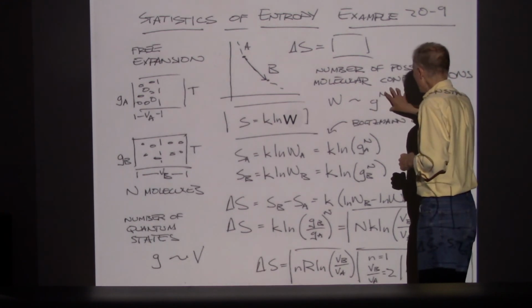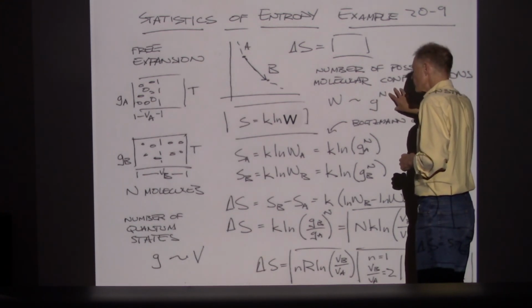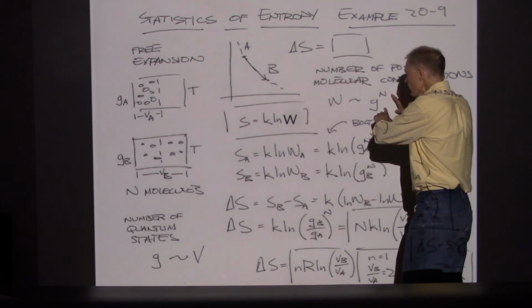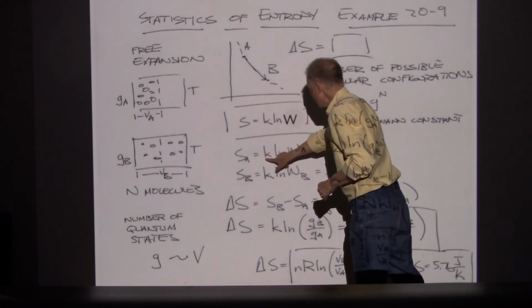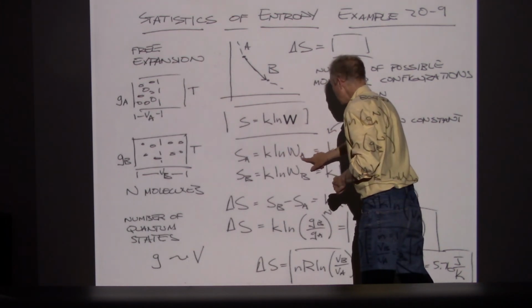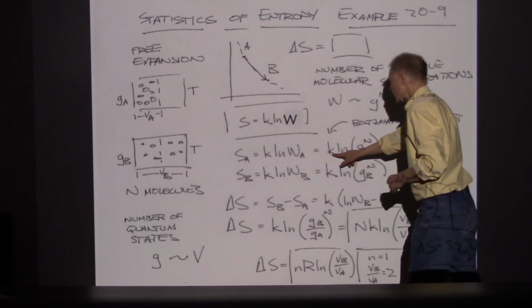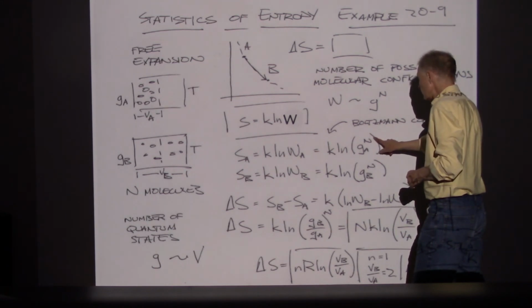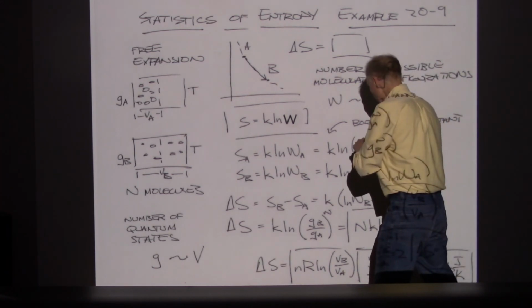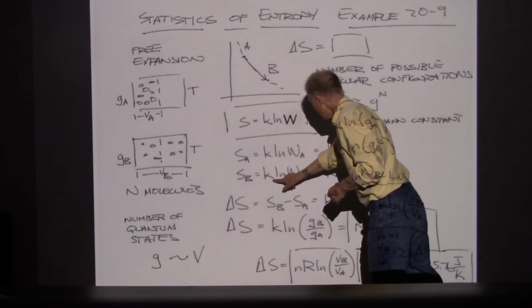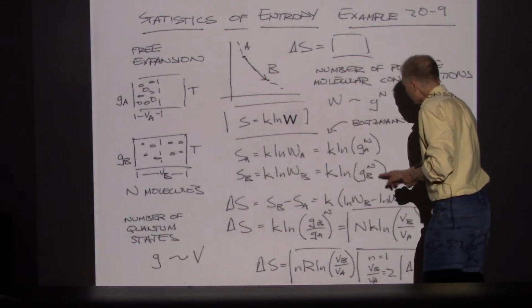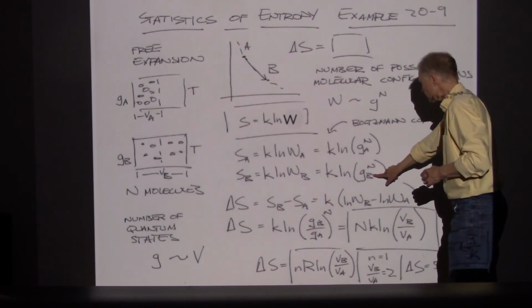Anyway, this tells us how many different configurations there would be, and so I can take that expression and plug it into this formula. Now for picture A, that becomes k ln of W_A, and that becomes k ln of g_A to the n, where g is the number of quantum states. For picture B, it's k ln, same formula, but now we have more quantum states.